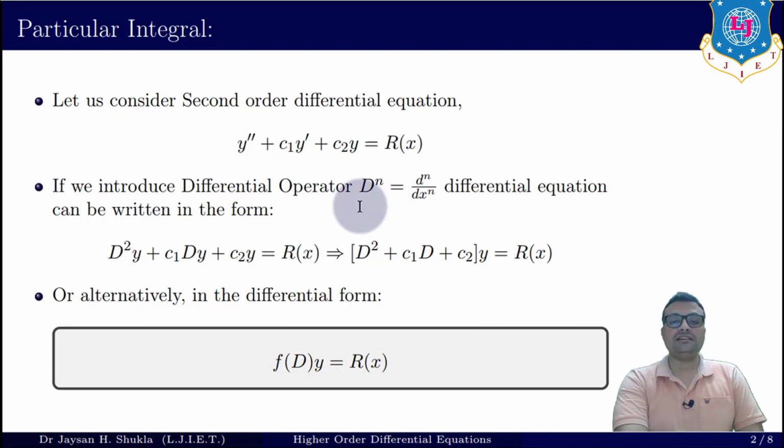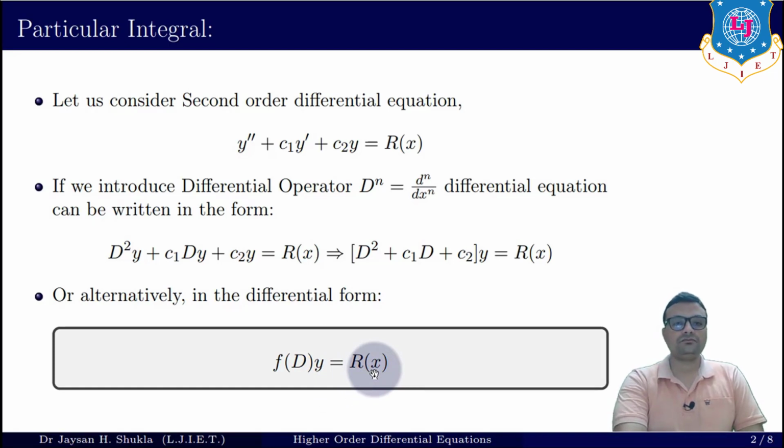Now, considering this operator D, the given equation will turn into (D square plus c1 D plus c2) y equal to r(x). For that, we can take the differential form f(D) y equal to r(x).